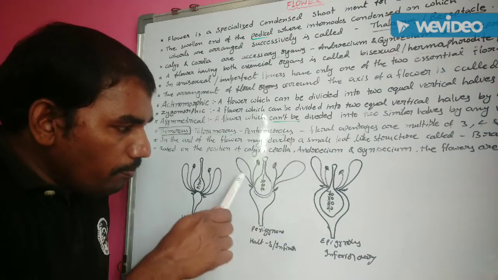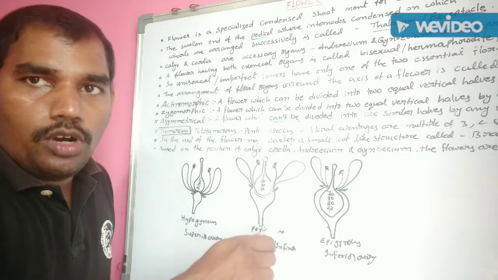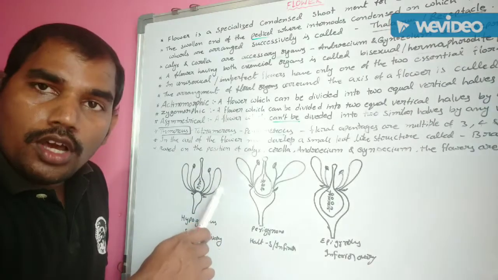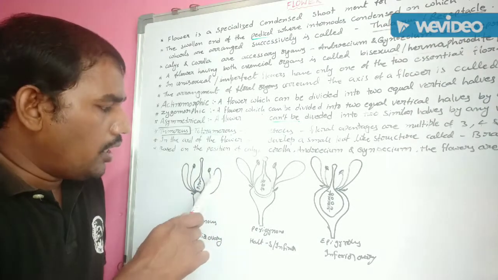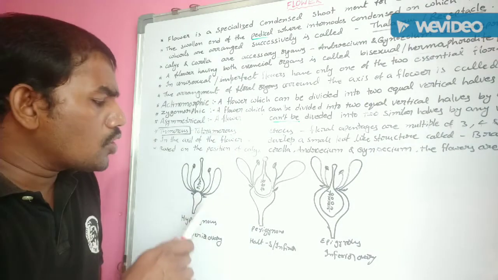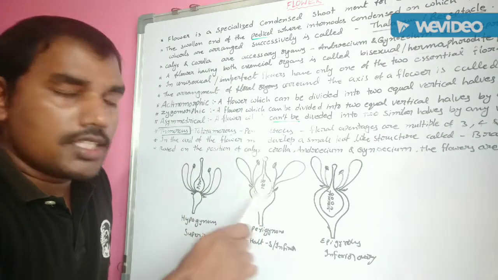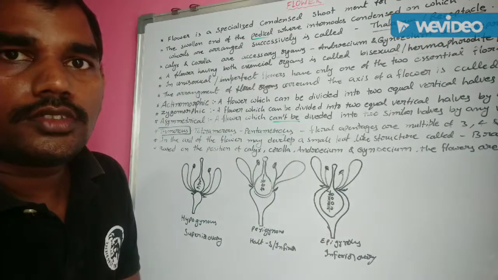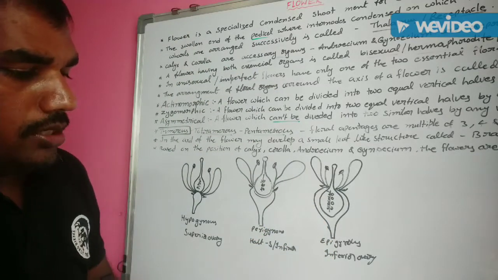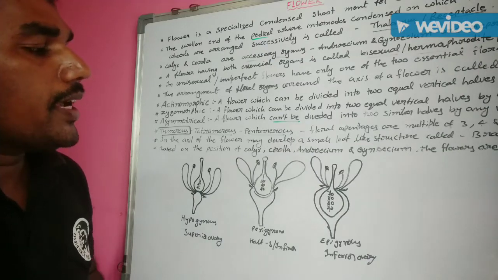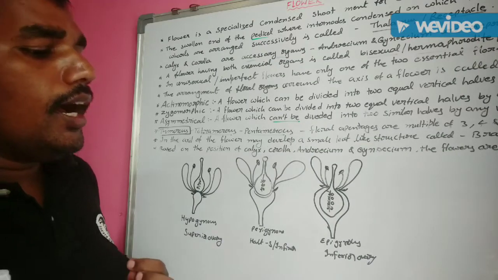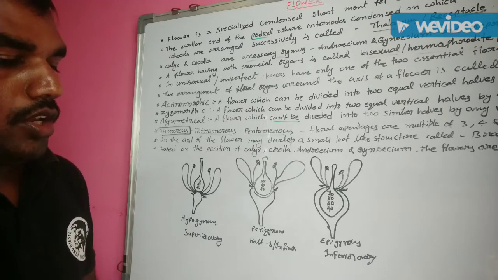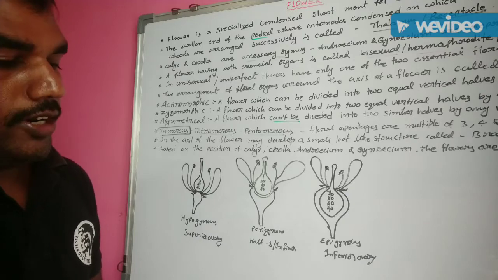The floral parts like androecium, corolla, and calyx are situated above the gynoecium, above the ovary.